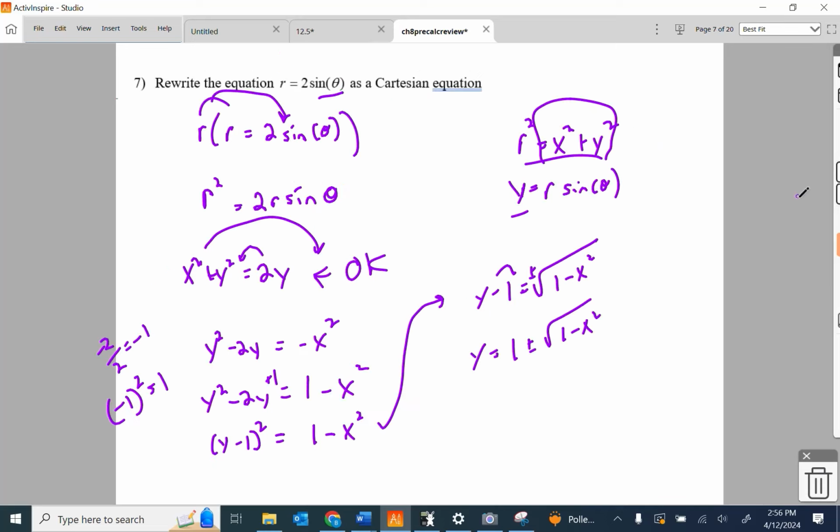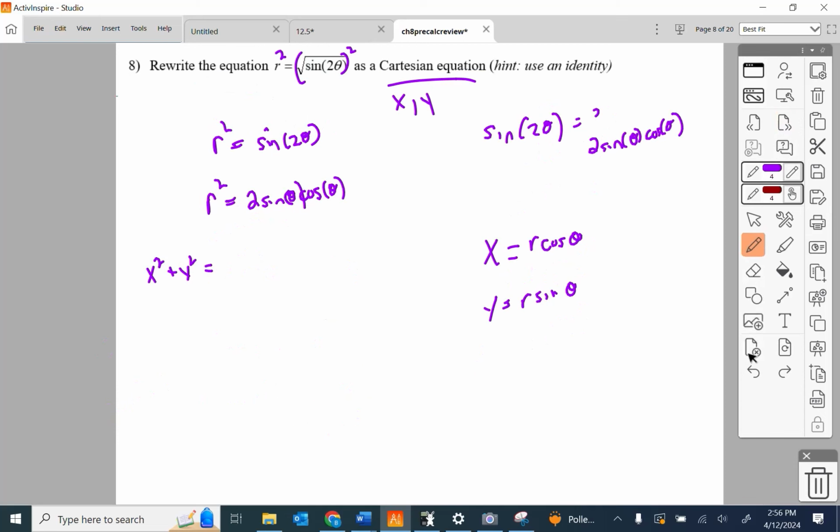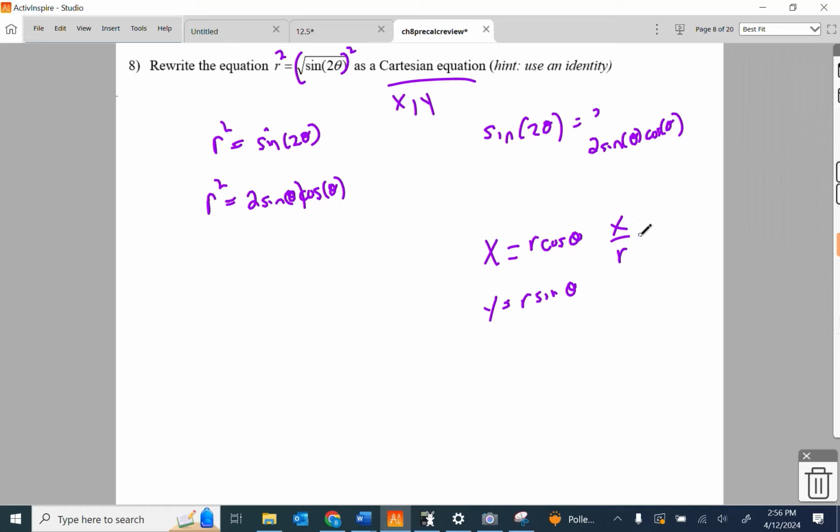Before I rewrite r squared, this means that x over r is cosine theta, and y over r is sine theta. So r squared equals 2 times x over r.